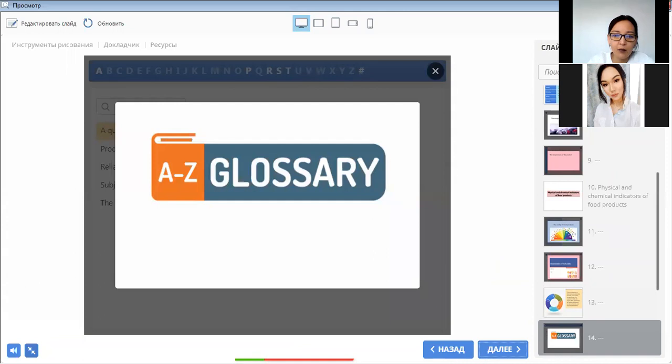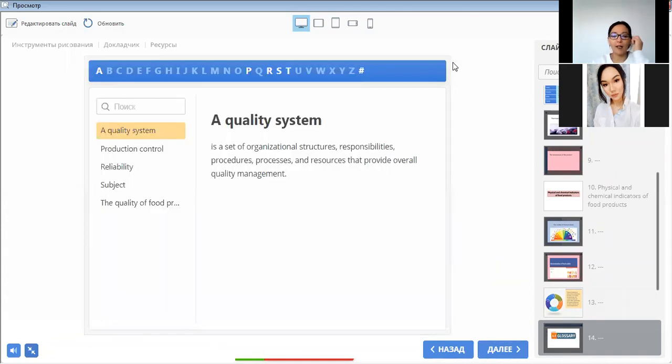And the next is the glossary. And there are many terms, for example, quality system, production control, reliability, subject, and the quality of food product. The quality system is a set of organizational structures, responsibilities, procedures, processes, and resources that provide overall quality management.